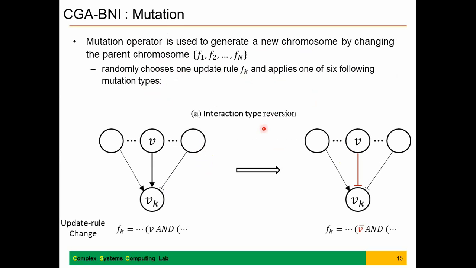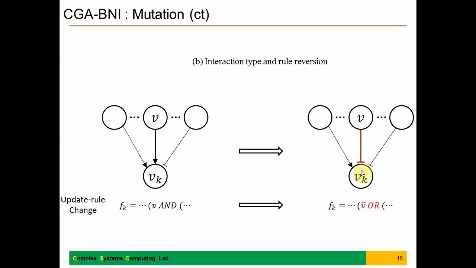The first mutation is interaction type inversion. For example, here Vk is a target node and V is a regulatory input node. So we will change the interaction sign from positive to negative interaction in this example. And secondly, the interaction type and rule reversion.